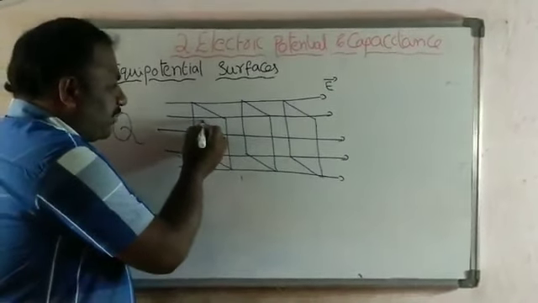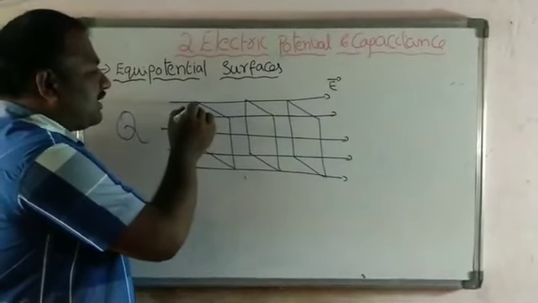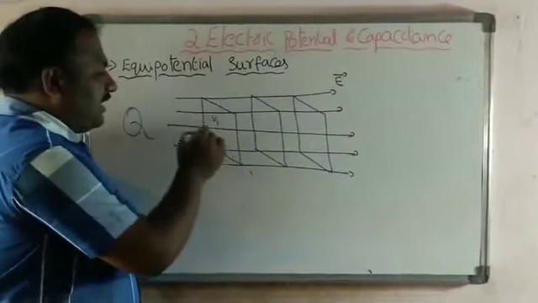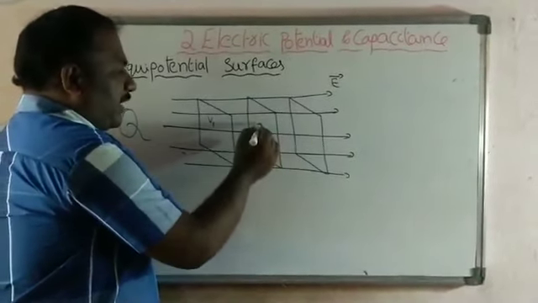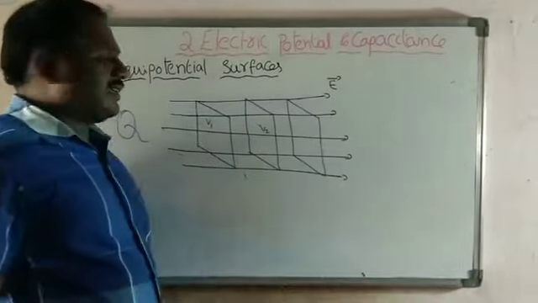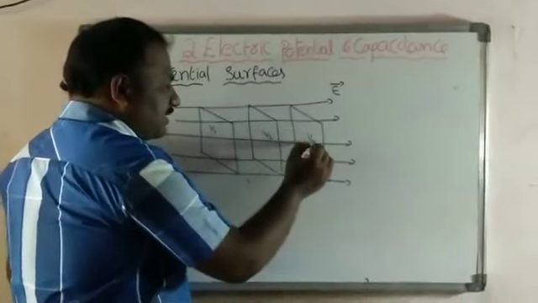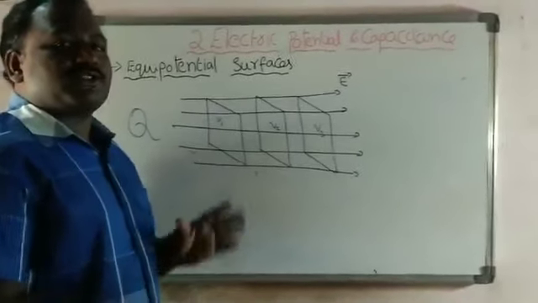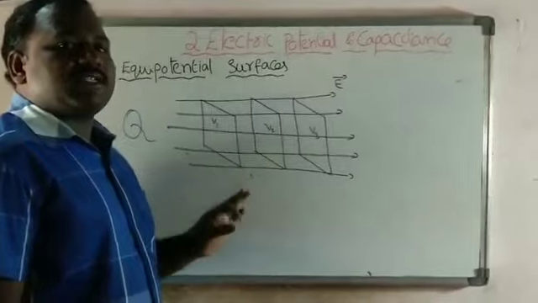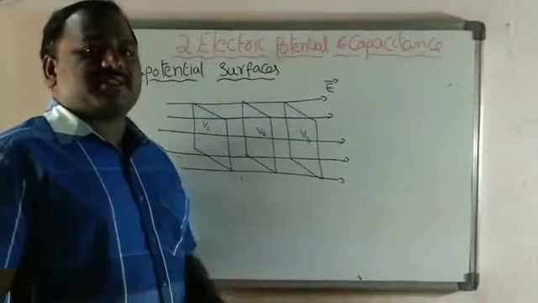Then the potential on this surface, that is V1, is constant, the same potential at any point. Similarly, at any point on the next surface the potential should be constant, that is V2. On this surface also the potential should be constant. This type of surface should be taken as an equipotential surface. This is one example of an equipotential surface.